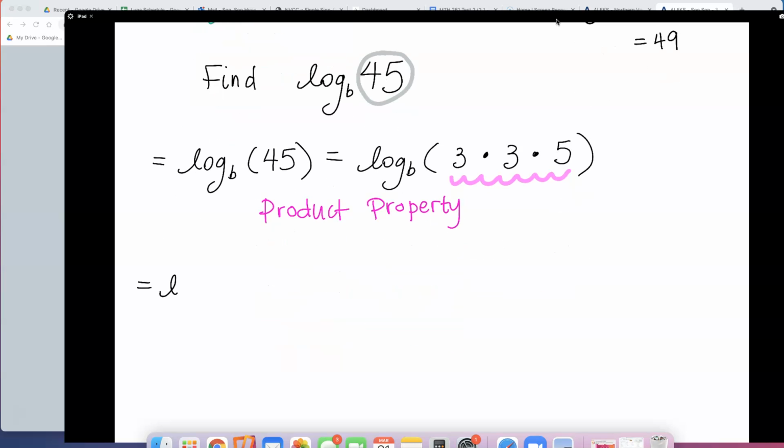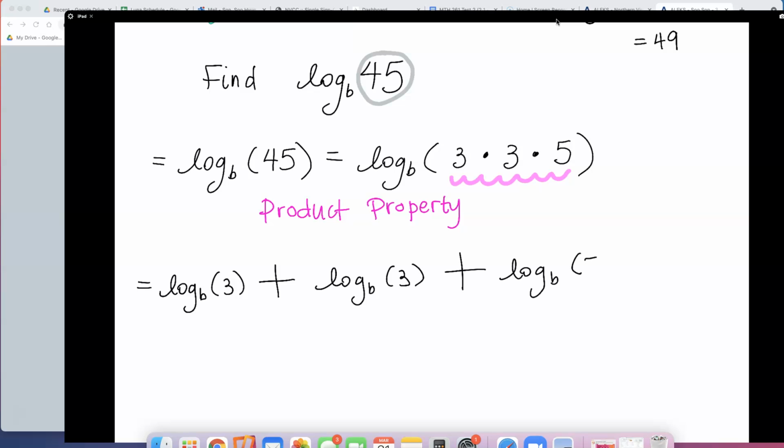This is the same thing as log base b of 3 plus log base b of another 3 plus log base b of 5. So the products will turn into sums when you separate these out, and this is what's called the product property. This is from section 3.4.